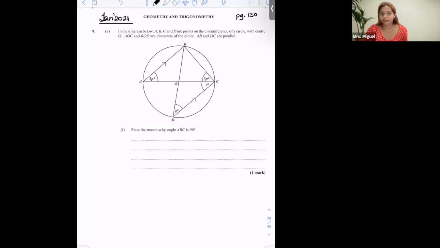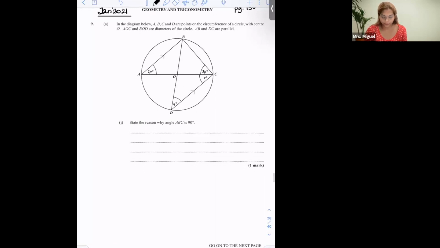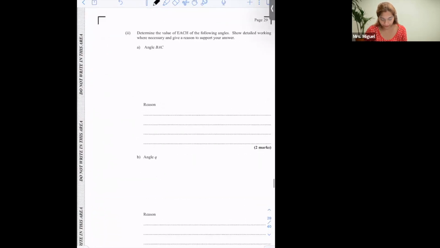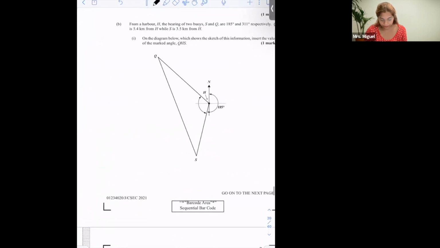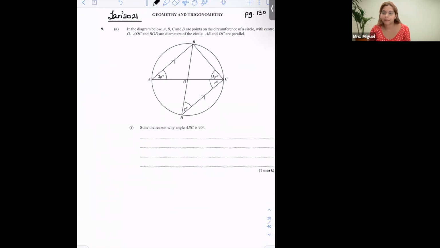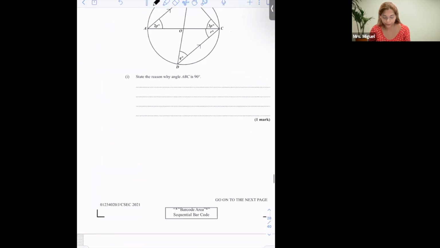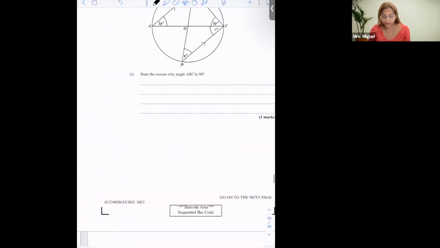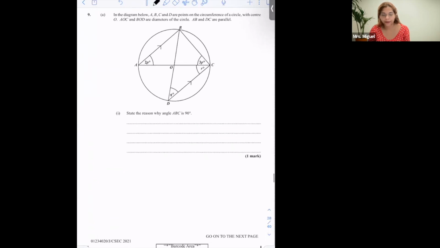All right. So we have 9A to do and 9B. I'm giving you 5 minutes to see what you can do in question 9A. We only do 9A for the meanwhile.